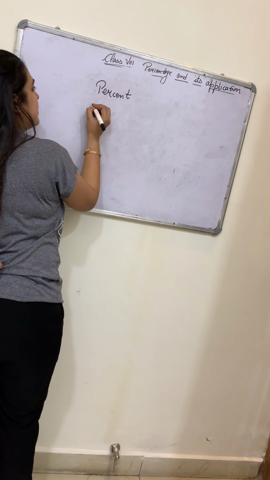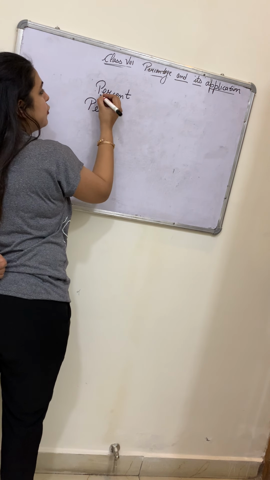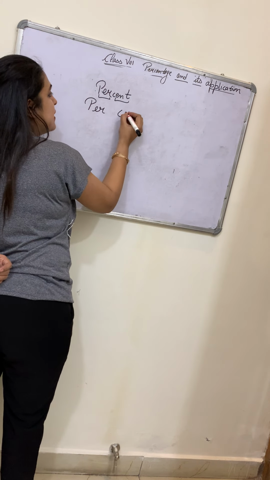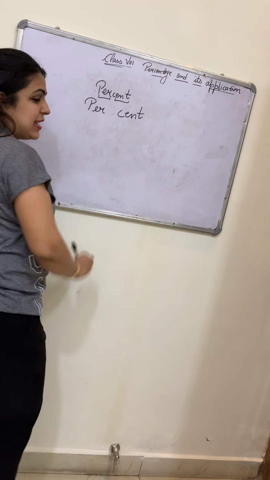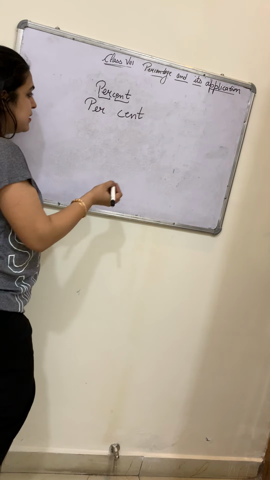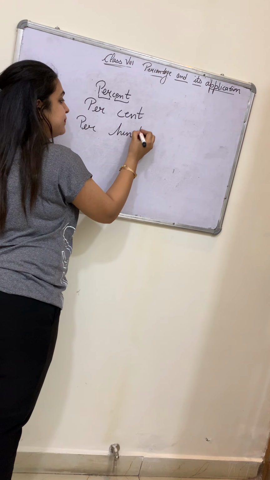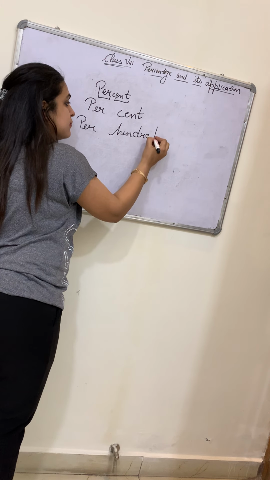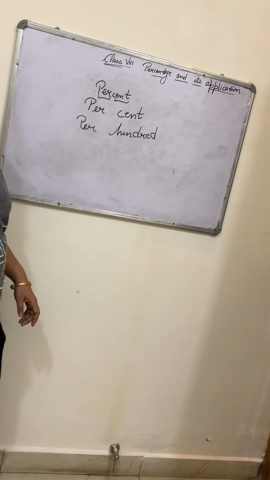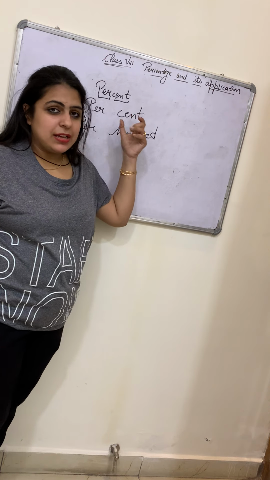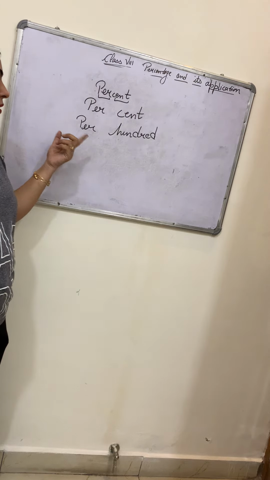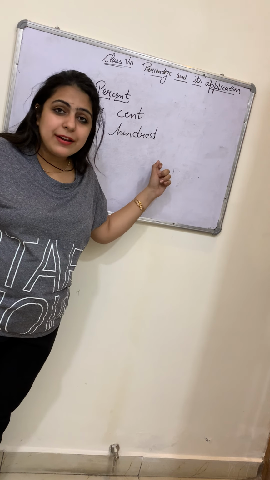If I talk about percent, it is made up of two terms, that is per cent. Per cent means per 100. That means whenever I am talking about percentage or a percent, I am talking about per 100.